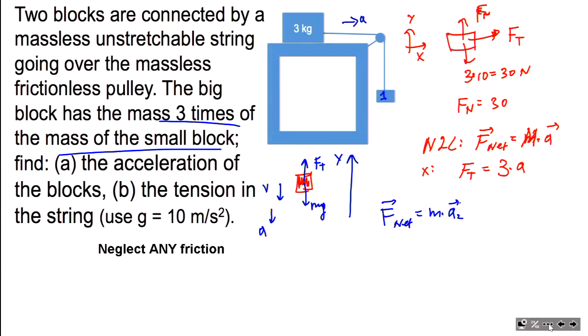Now, F net has 2 forces: tension, which points up, and gravity, which points down, equal to 1 times 10. This should be equal to mass, which is 1 kilogram, times acceleration. Do we know acceleration? No. But we know something about it.